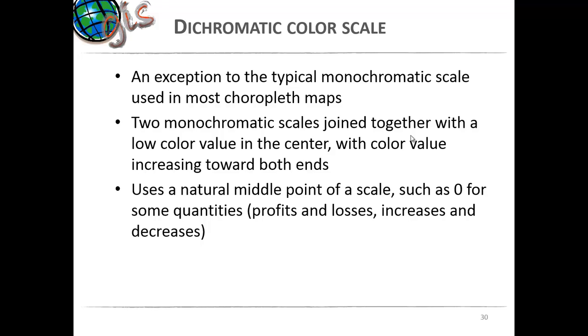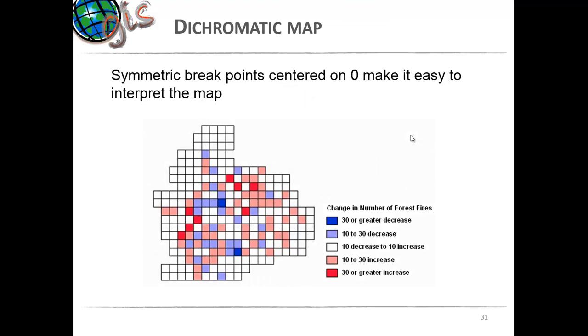If you're talking about population growth, the negative values would be green, and the higher, positive values would be maybe something like red. In a dichromatic map, symmetric breakpoints centered on 0 make it easy to interpret the map. So if white is 0, or a 10 decrease to 10 increase, like normal values, then your blues would be decreasing values and reds would be increasing values, which would make the map very easy to read.